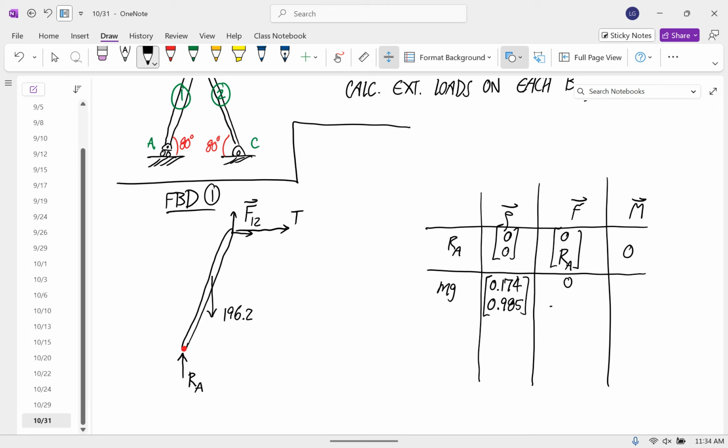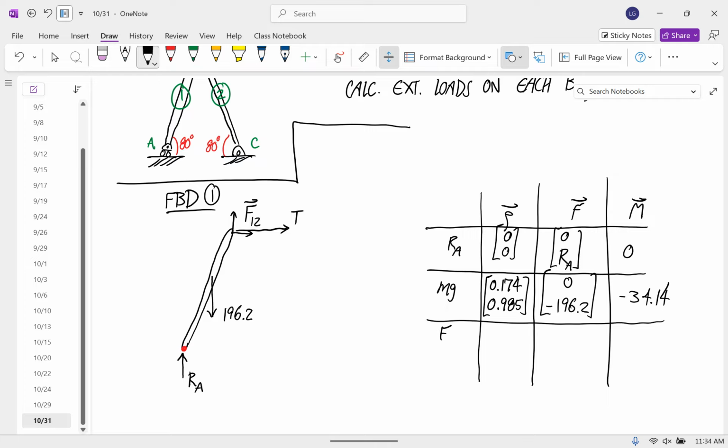The force vector is 0, negative 196.2. Cross product is negative 34.14.